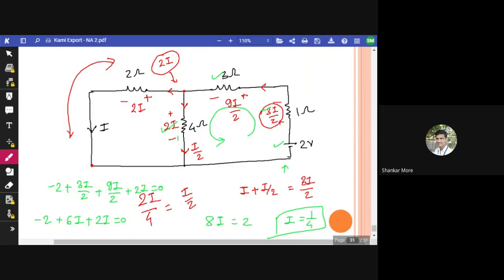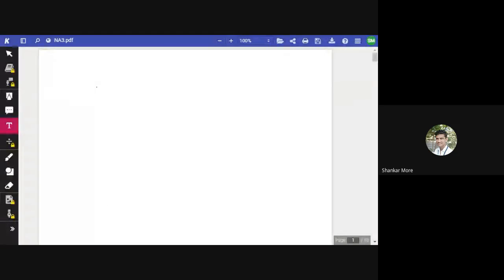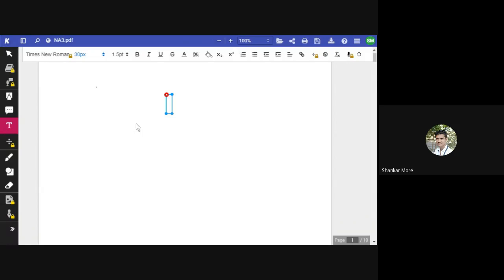So this was our reciprocity theorem. Next one is our superposition theorem. So what exactly is the superposition theorem? For that, let me take a new slide here, guys. Okay, I hope it is visible. Superposition theorem.